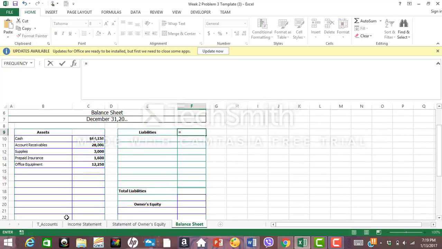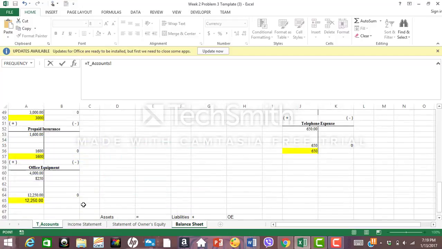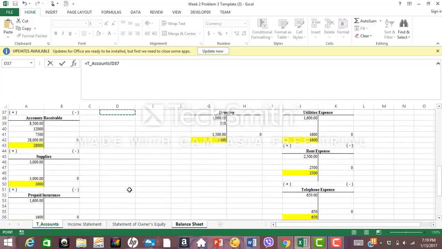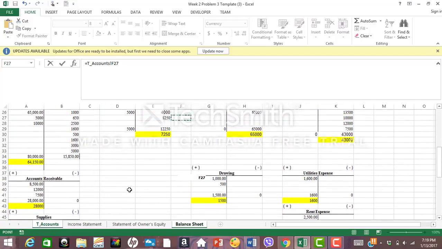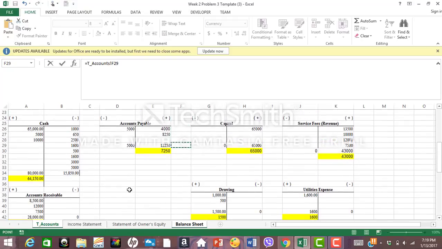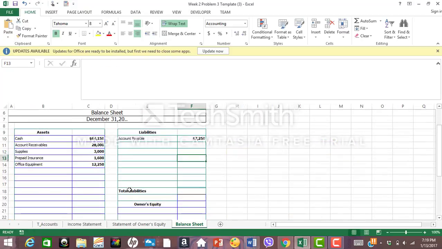And then you have total liabilities. You have accounts payable right here, and accounts payable would be equal to 7,250.